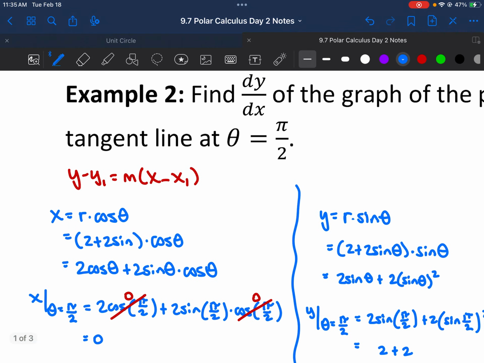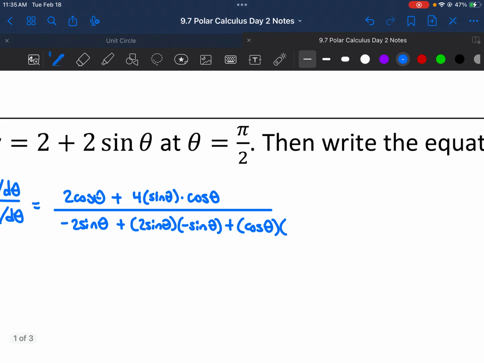Derivative of 2 sine of theta is just 2 cosine theta.